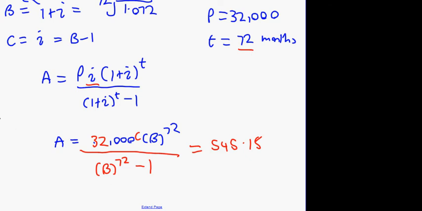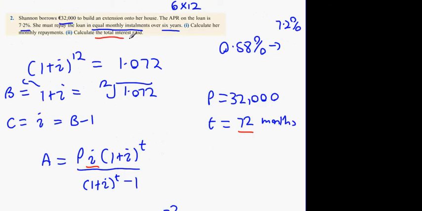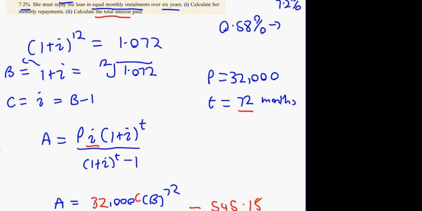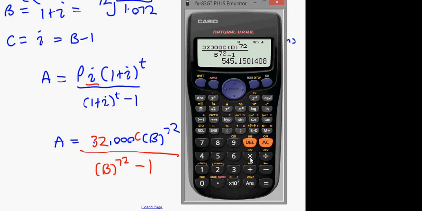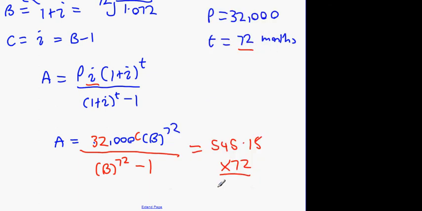Okay. Next part is calculate the total interest paid. Well, we're paying this over 72 months, so we're just going to multiply this by 72. And then we get 39,250.81.